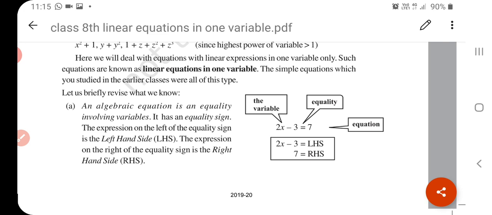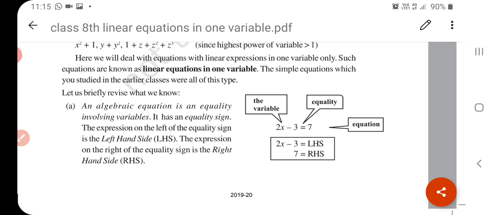Understand? The equations we study in 6th, 7th and 8th are linear equations in one variable. In such equations, the expression which forms the equation contains only one variable. Further, the equations are linear, so we can say that these are linear equations.